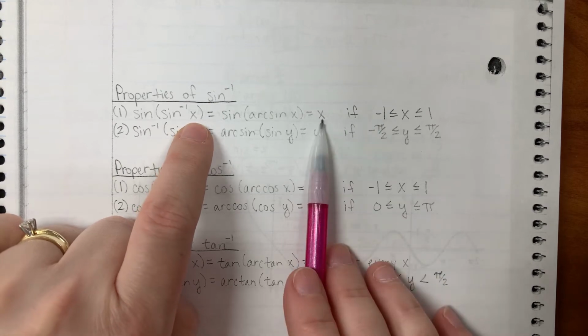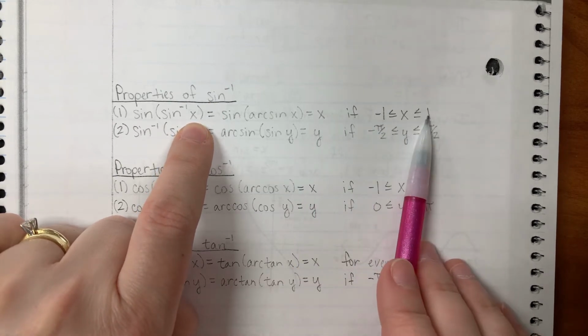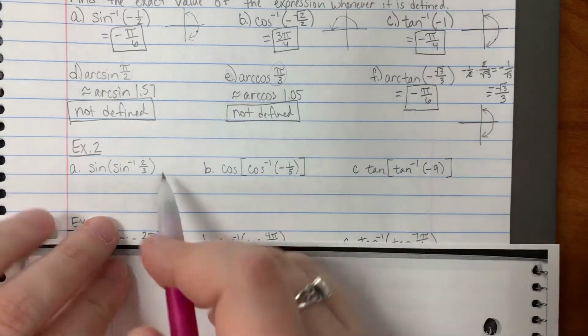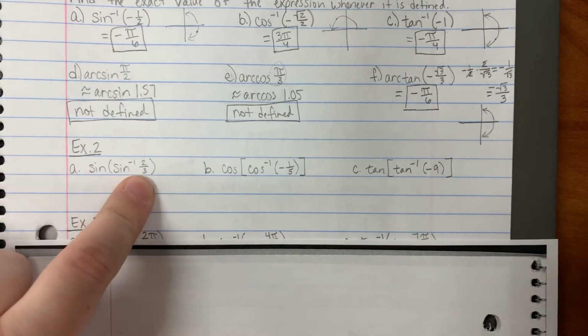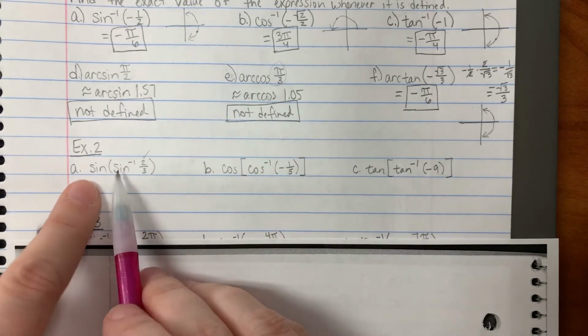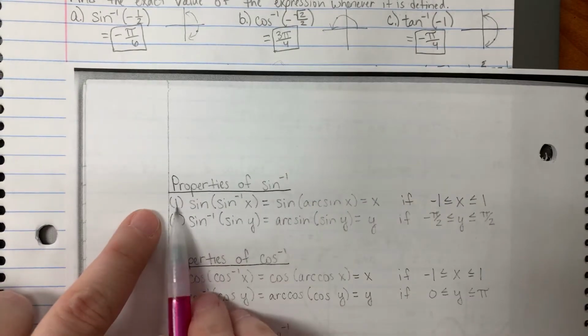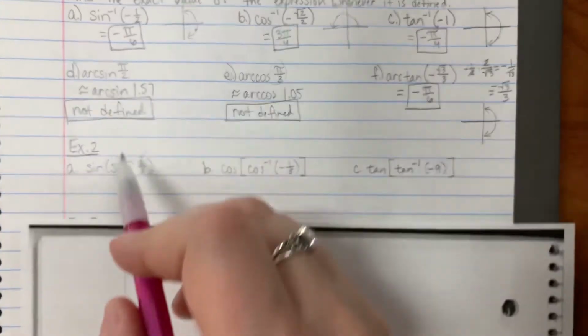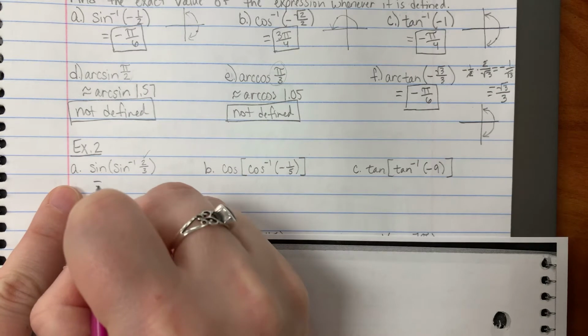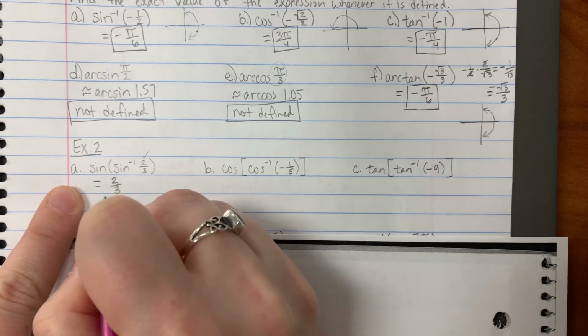And that's only true if I'm between negative 1 and 1. So we need to pay attention to that. In this one, 2/3 is between negative 1 and 1, so that does fit that profile. And this is property 1, I'm taking sine of arc sine. So that means this is just 2/3.